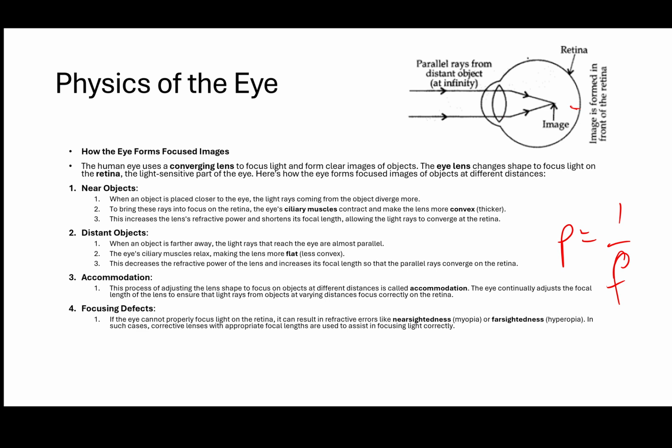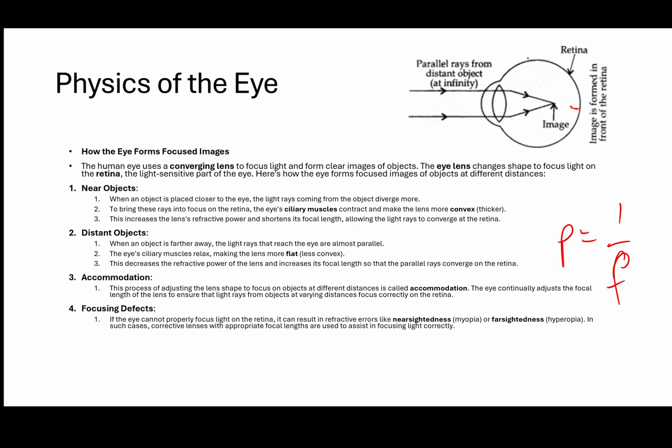As it relates to an object that is far, if the object is far away, then the light that reaches the eye is almost parallel with the lens of the eye. So the ciliary muscles would now relax, making the lens less convex, more flat. This decreases the refractive power of the lens and allows the rays to converge on the retina.